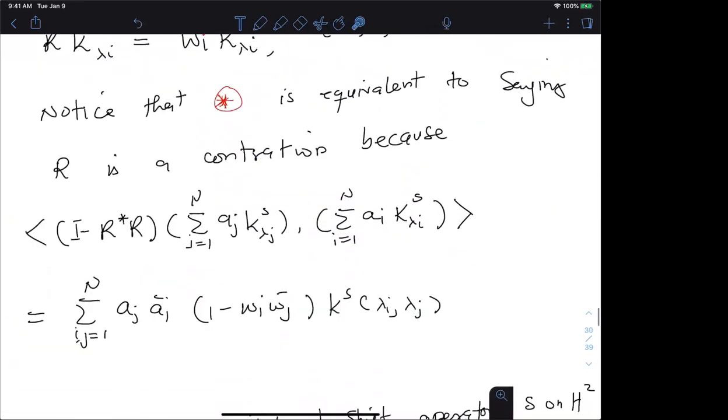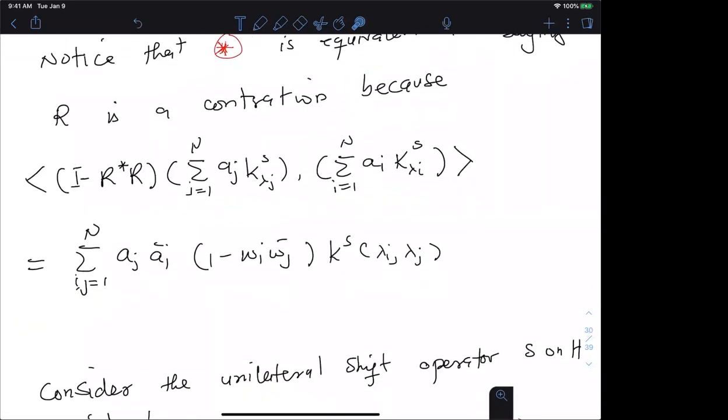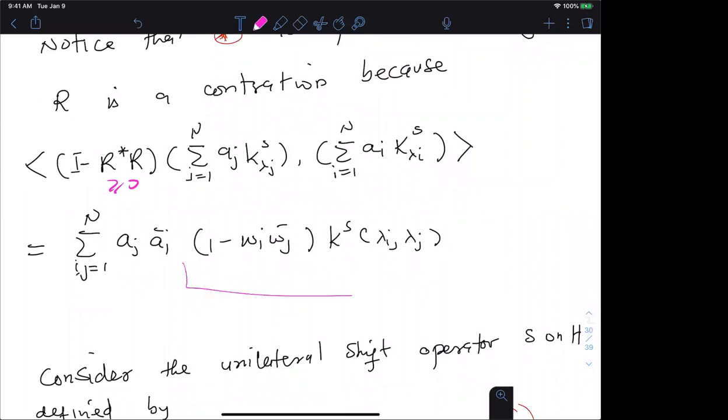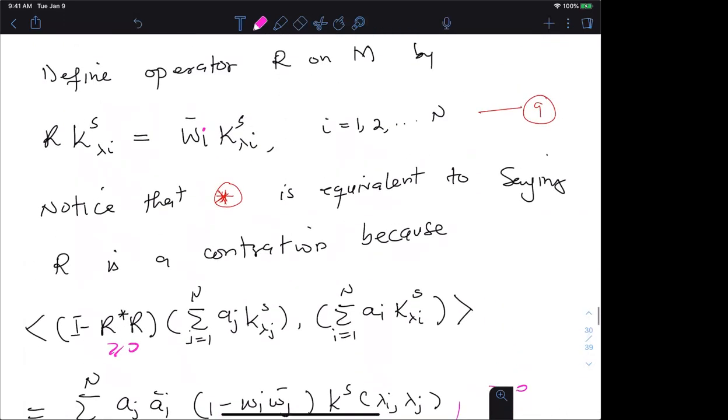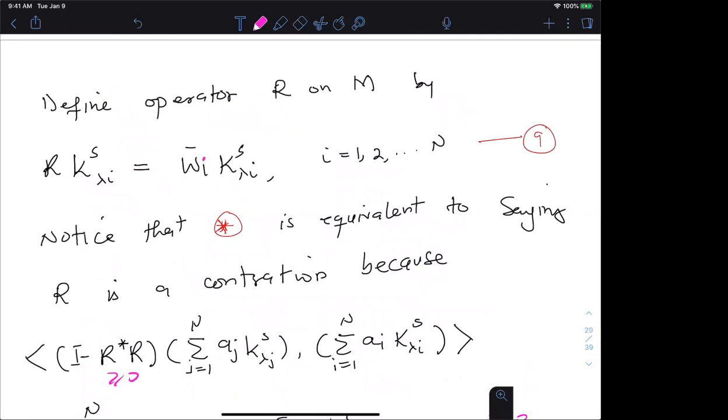And we can verify it by this expression. Remember, from operator theory, if an operator is a contraction, then this term we have here is going to be positive. And as we can verify, this is going to be greater than or equal to 0. So it is clear that the operator defined on the subspace spanned by the kernel elements is a contraction.